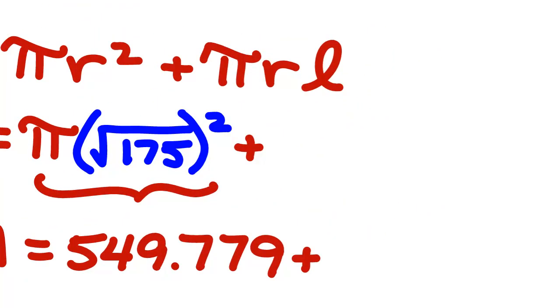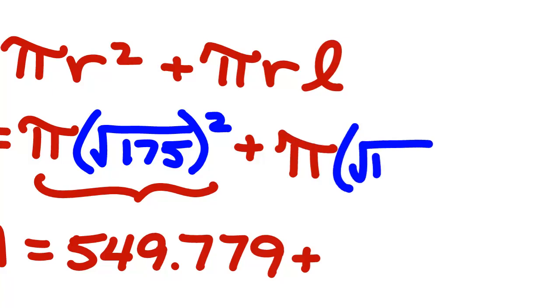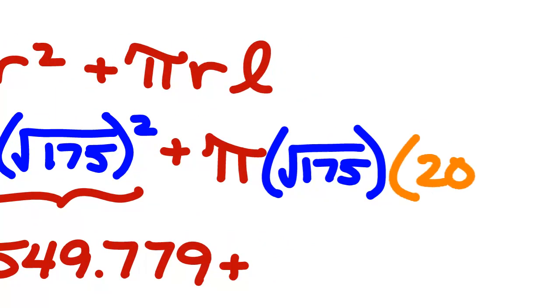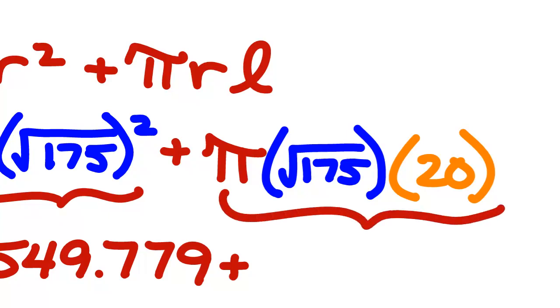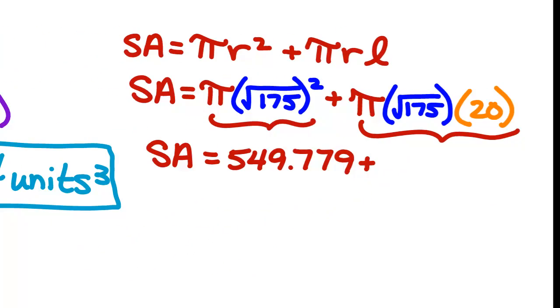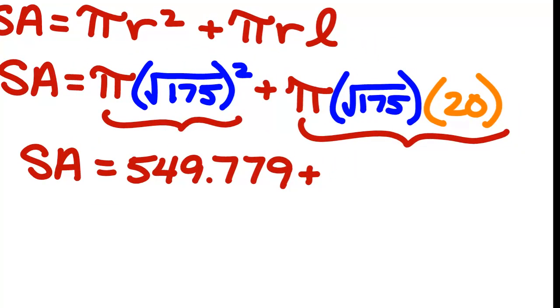549.779 plus. And now we do pi r slant height. So pi times square root of 175 times our slant height of 20. And this would be my lateral surface. What do we get for that? You said 800 what? 831.187.